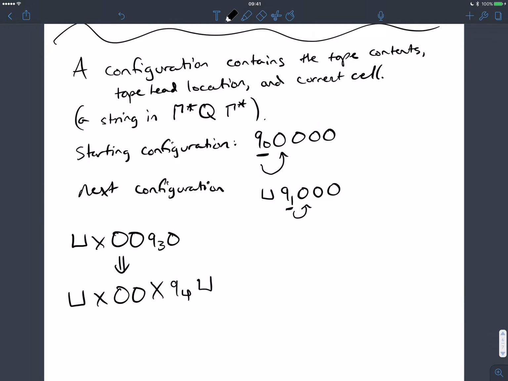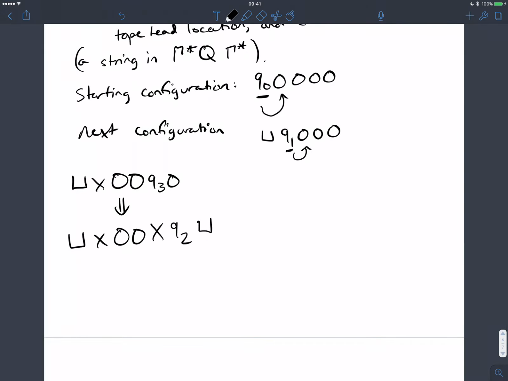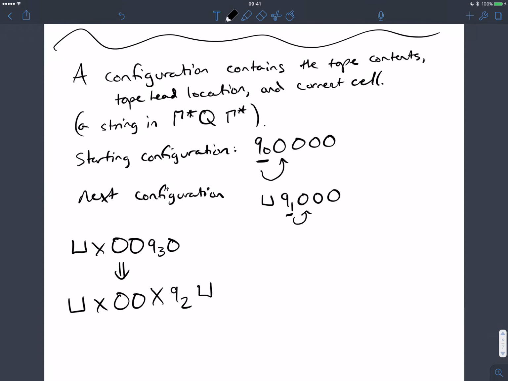Oh no, q2. Because if I try to move right, there's nothing currently in the configuration to the right of where the state name would be. So that's why we put a blank after it. Just like when we're doing the actual computation, we look at the blank right after where the input originally was. So if I ever need more blank characters, I can just include them in the configuration. Okay?